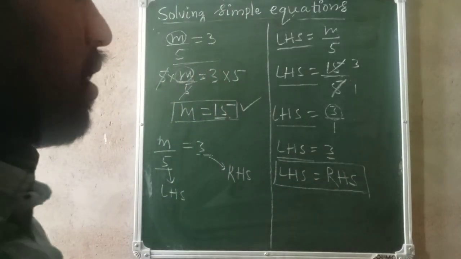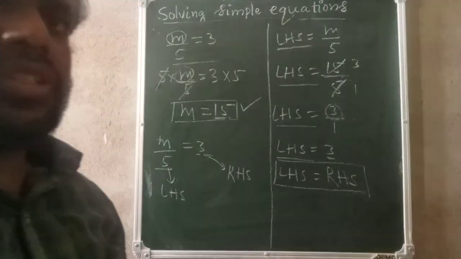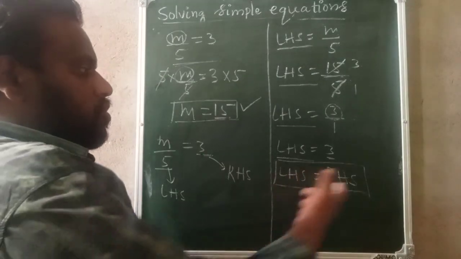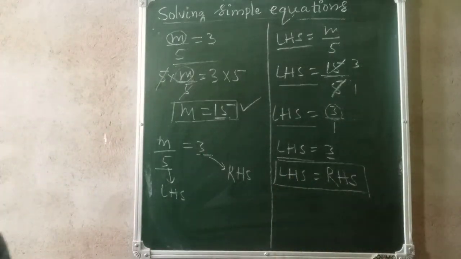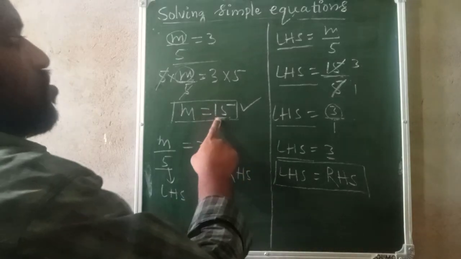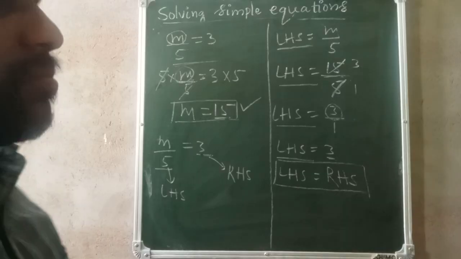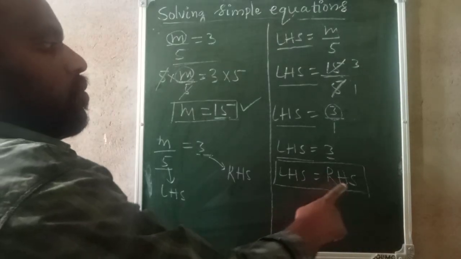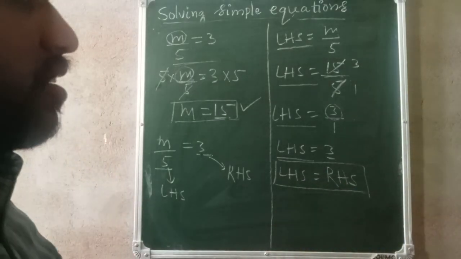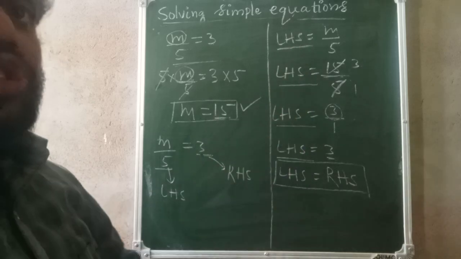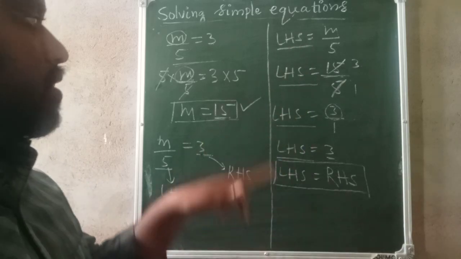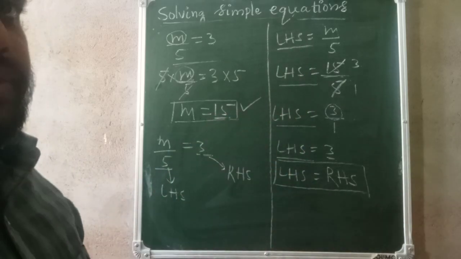So we got LHS is equal to RHS. When LHS is equal to RHS, we can say this answer is correct. M is equal to 15 is correct because LHS is equal to RHS. Like that you can check whether an answer is correct or not.